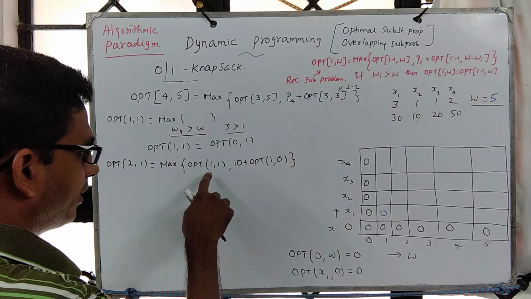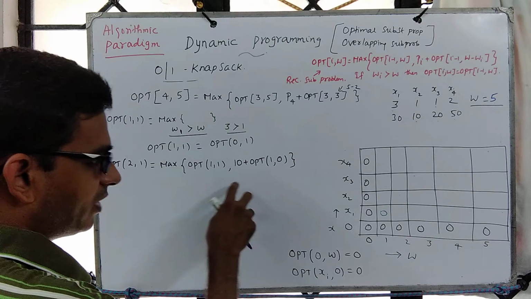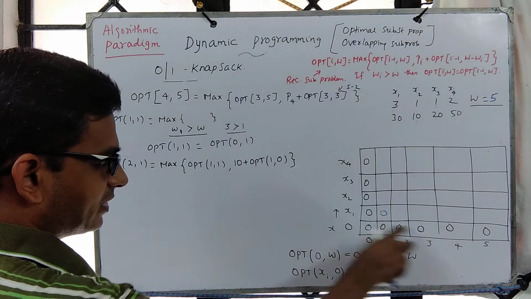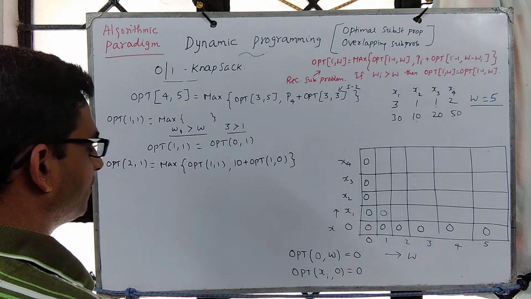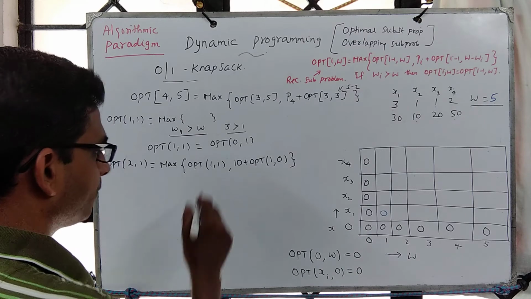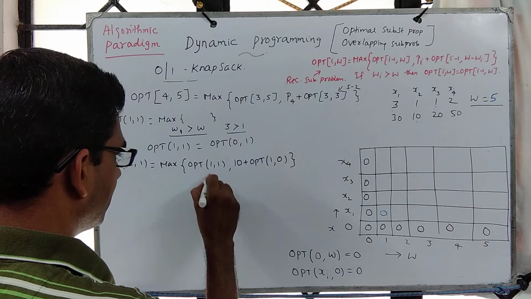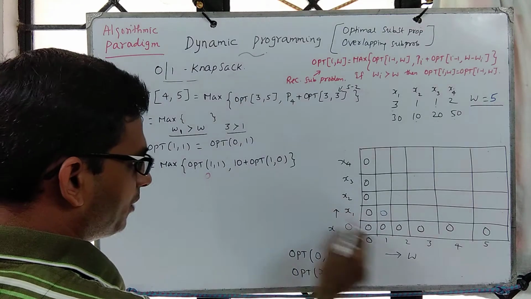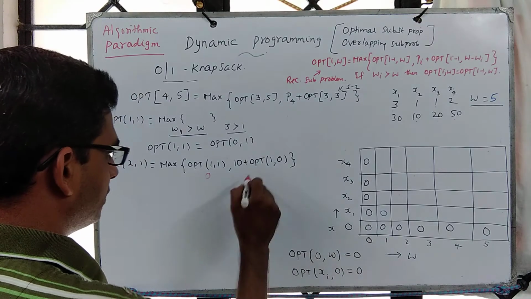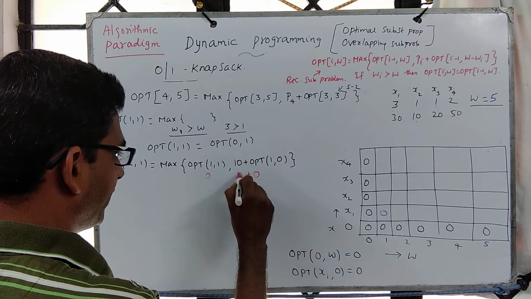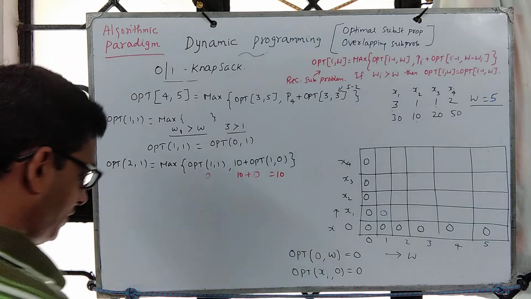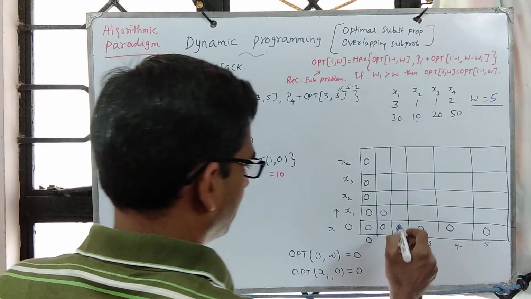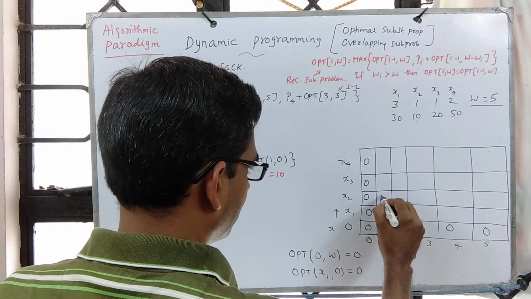Now these two we need not compute again. It has been already computed and it is available in the table. Just make use of that constant lookup. Opt of 1 comma 1 is 0, and opt of 1 comma 0 is 0. So which means we get a profit of 10 out of this. So opt of 2 comma 1 is 10.